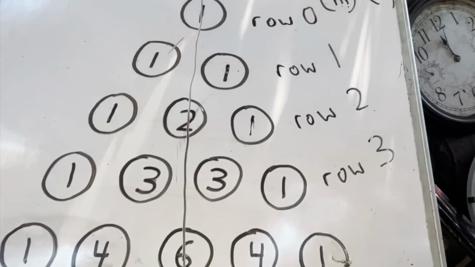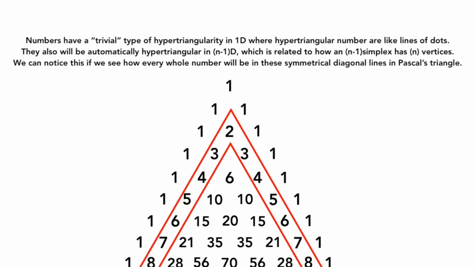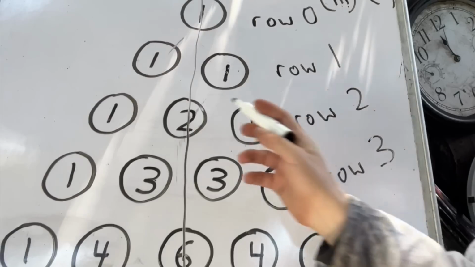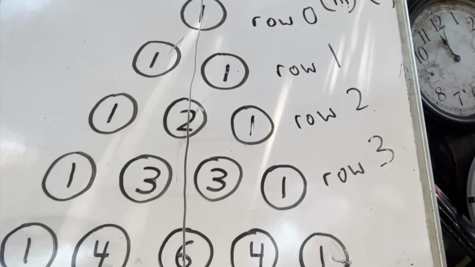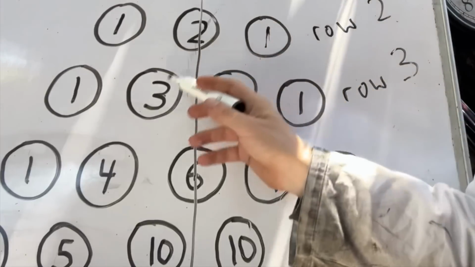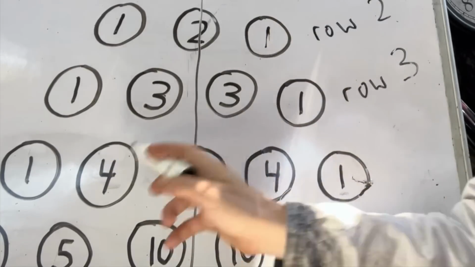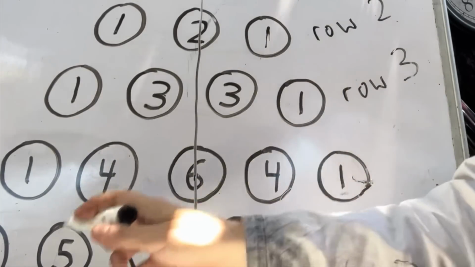Normally, any whole number will appear at least twice due to its trivial triangularity and the reflection of that, although the number 2 is unique in only appearing once, whereas any other whole number will have a reflection to its trivial triangularity that is different.